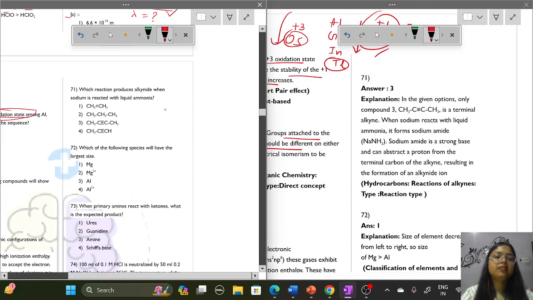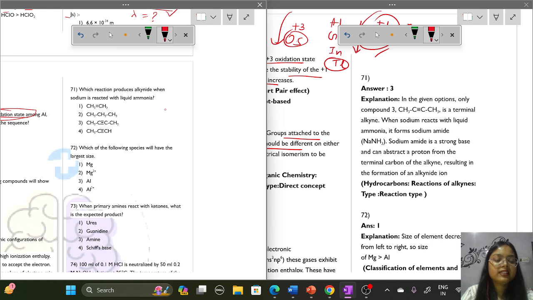Question number 71. Which reaction produces alkynide when sodium is reacted with liquid ammonia? So let us see. Among all these, I am solving for the correct option only. You can solve for all of these.